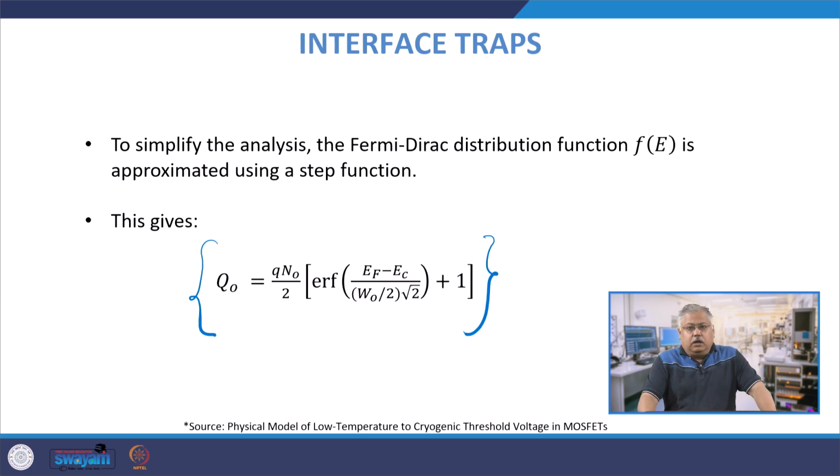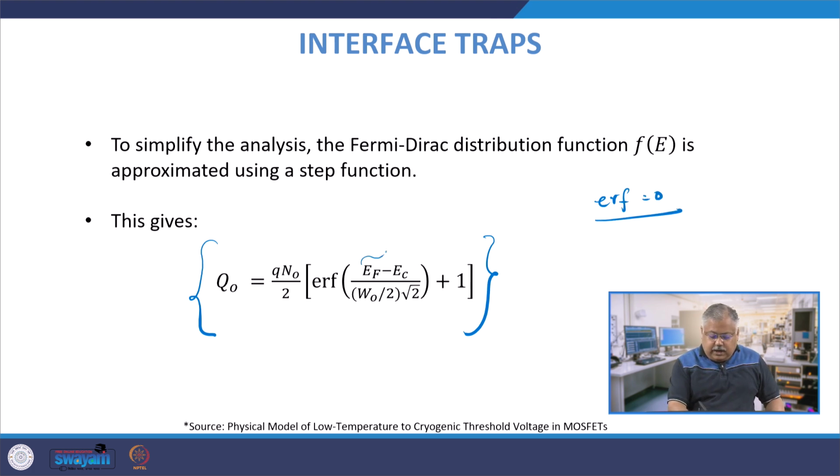where N naught is the maximum number of trap charges at the center, at EC, right, the maximum of the Gaussian surface which you see. And EC is the conduction band edge, EF is the Fermi level which you see. And quite interestingly, and I leave it as an exercise to you, you can think about it yourself. Just go back to the error function and check what is the value of the error function at 0, right. Why?